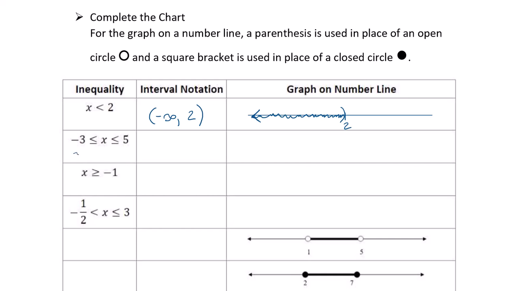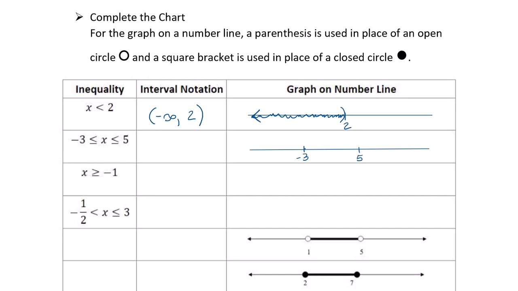Here, negative 3 is less than or equal to x is less than or equal to 5. I'll draw my number line. Again, it's not necessary to write a whole lot of numbers, just put the endpoints on there in the order that they appear on the number line. And we're literally shading x is between the negative 3 and the 5.